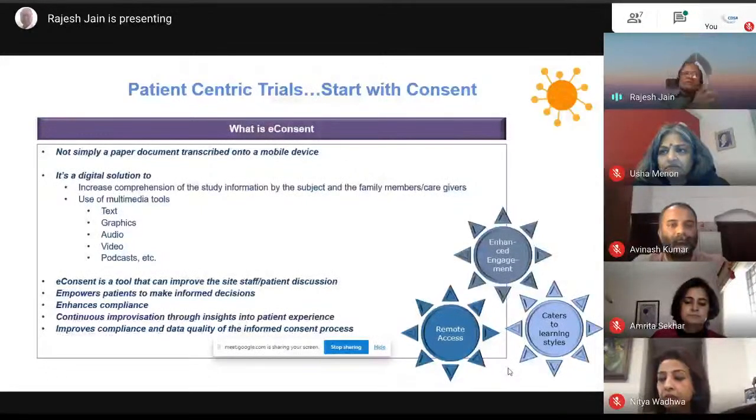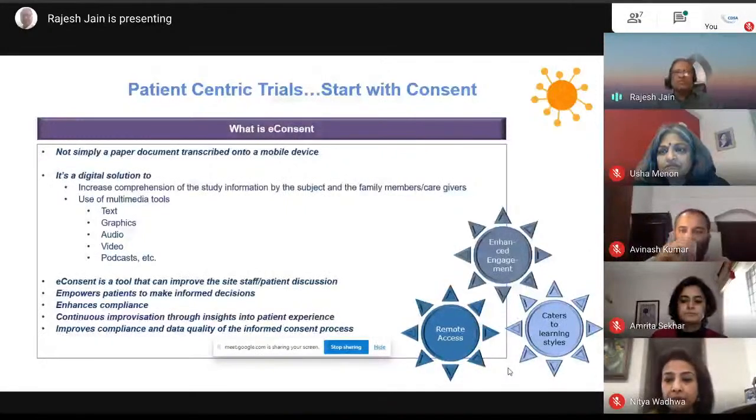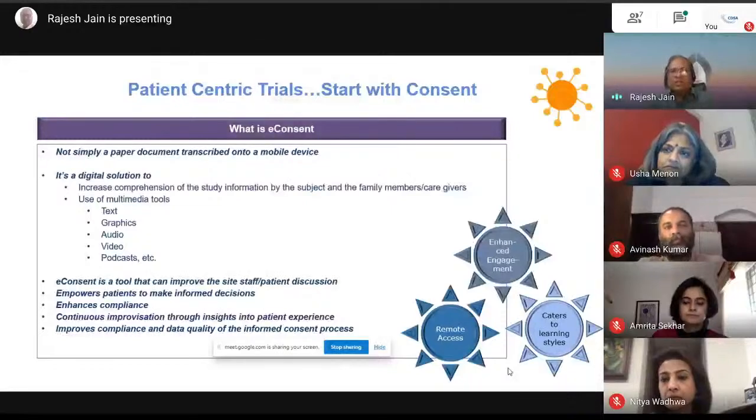Dr. Usha did mention at the beginning of the talk that we present tons of information in informed consent. Not everybody goes through it very carefully, on both sides of the story. The sites probably don't spend enough time, or patients don't spend enough time reading, comprehending, or absorbing that information. Thereby, what an e-consent digital technology does is empower the patient to make informed decisions.